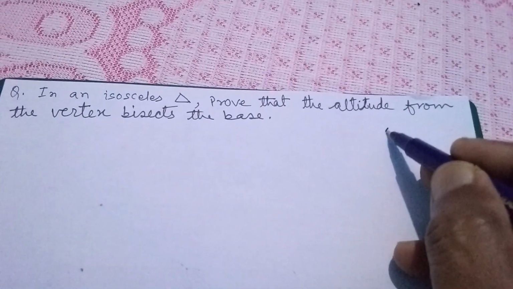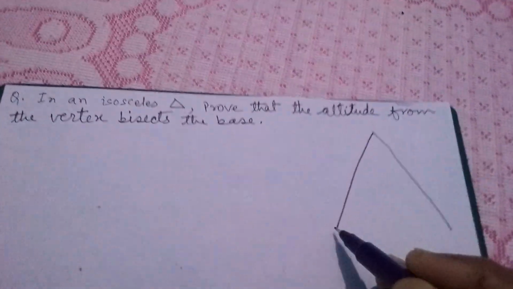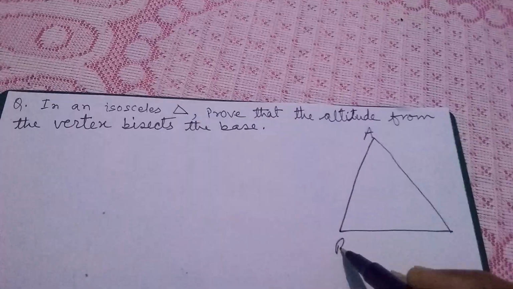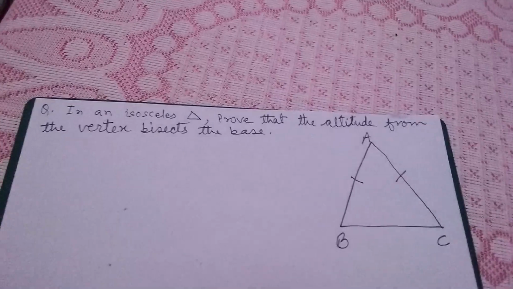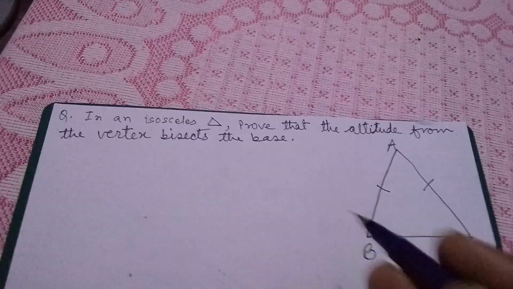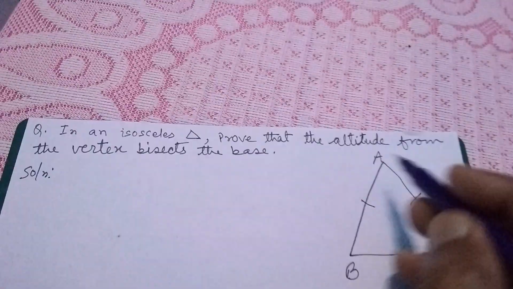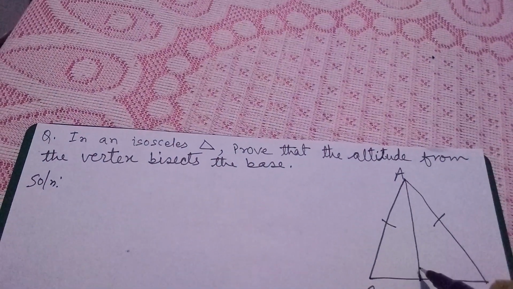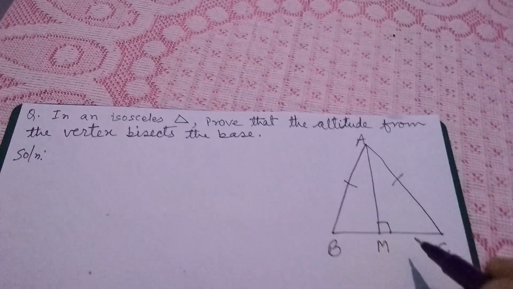So first of all, we make one isosceles triangle. This is ABC in which AB equals AC. Okay, so this is the solution we are doing. Here altitude means perpendicular drawn on a base.